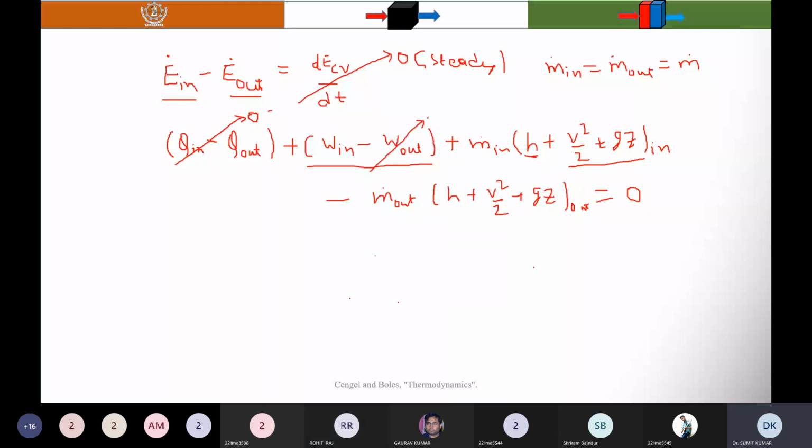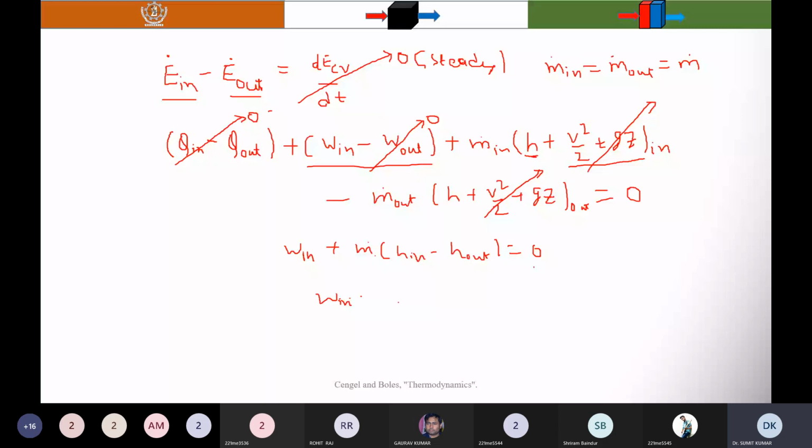Okay, thank you. And if you are neglecting the kinetic energy and potential energy, then these terms become zero. So what you will find is W in plus m into (h in minus h out) equals 0. You can write that W in is equal to (h out minus h in) into m.